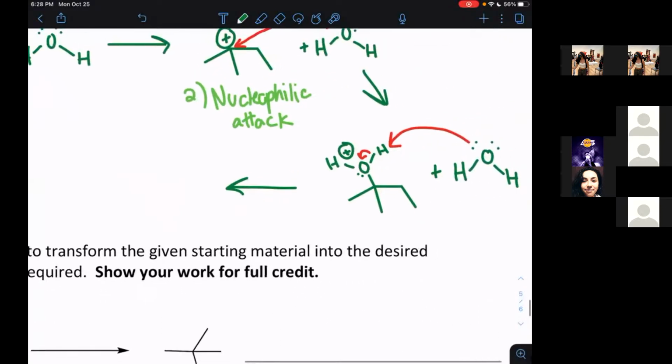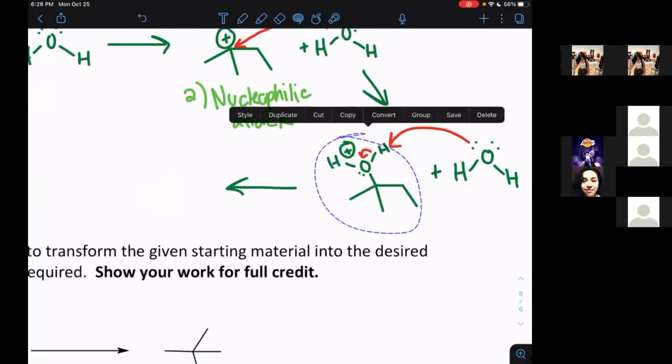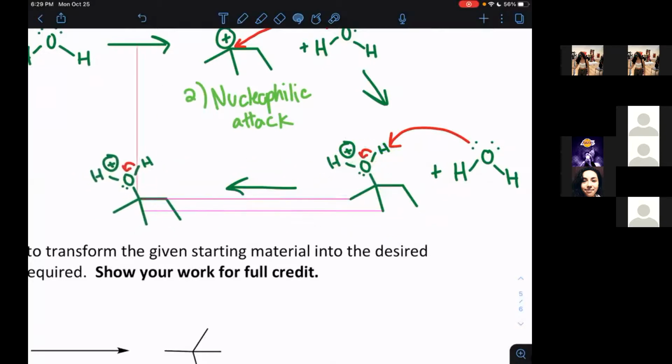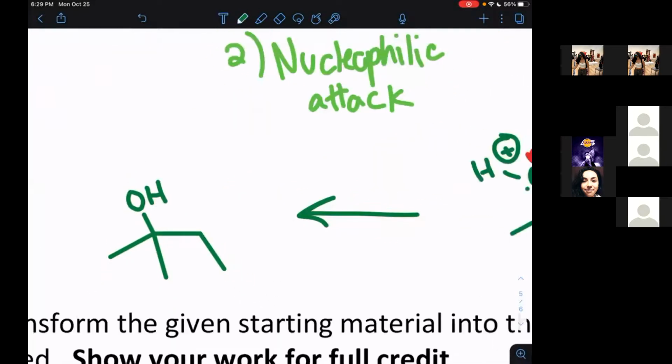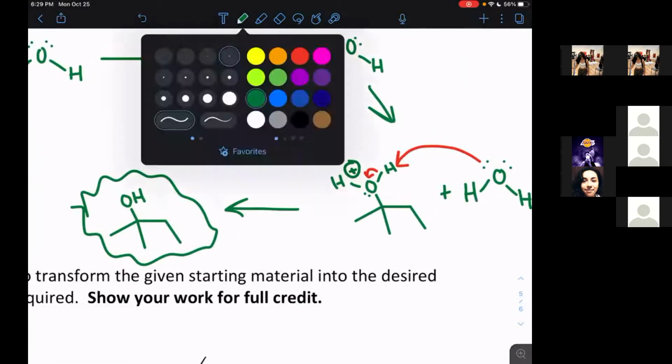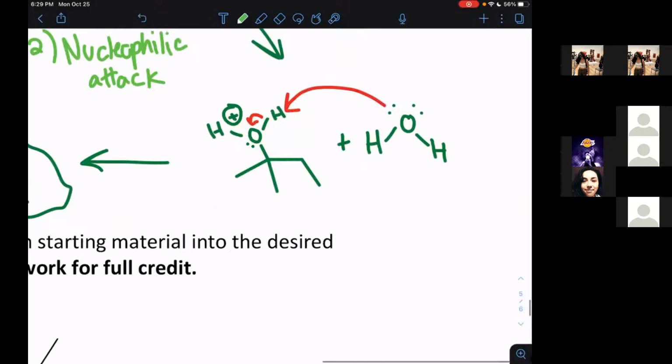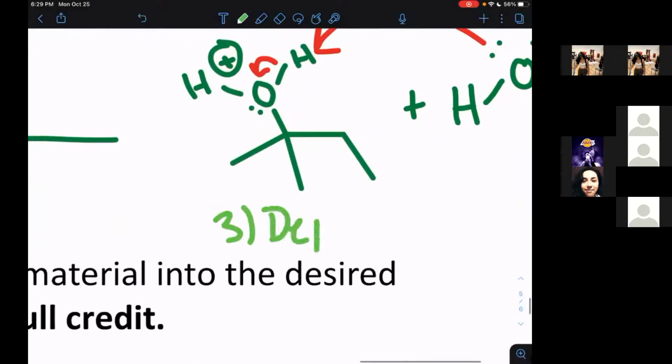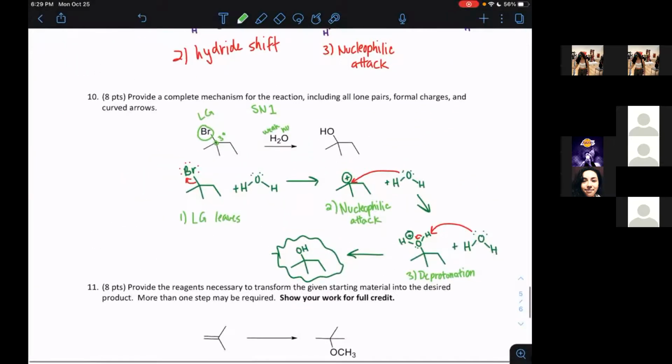You're left with OH right here. And then this last step with deprotonation. Okay. Cool. Is that one good for everyone?